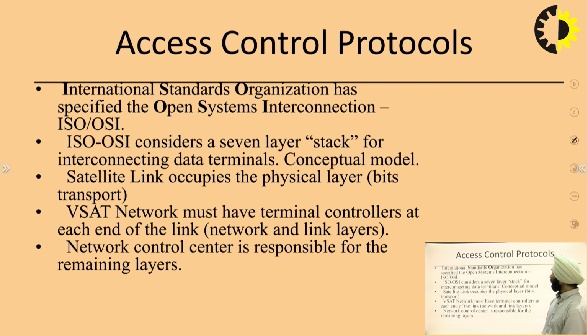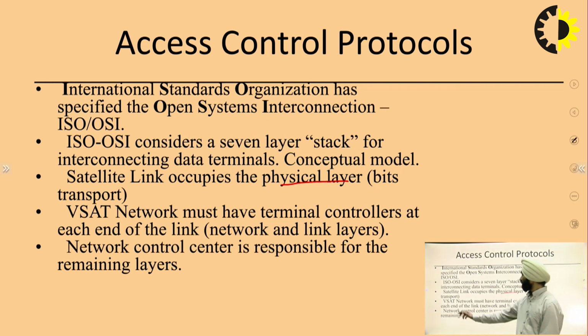ISO has given some specific protocols, the OSI model, for the 7-layer stack. The conceptual model for satellite link occupies the physical layer, which is the transport layer of the VSATs.